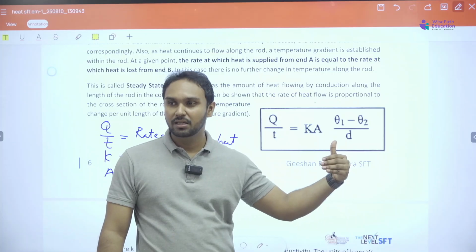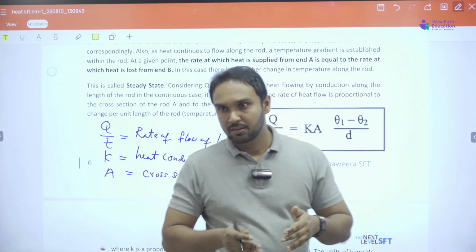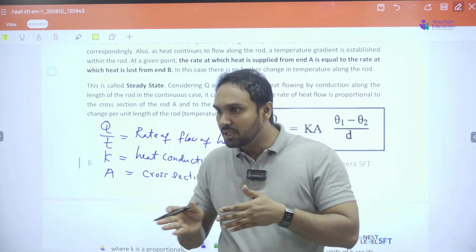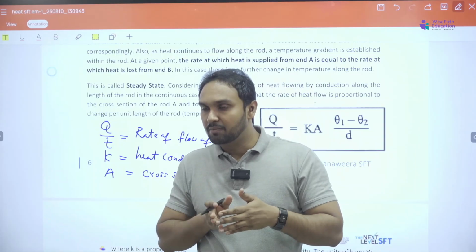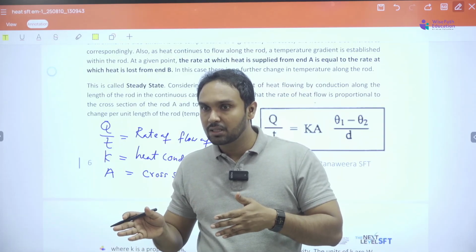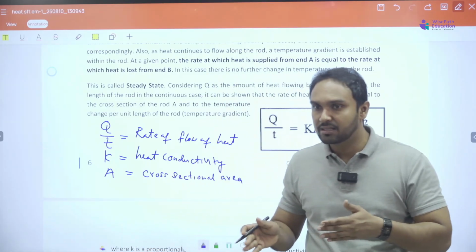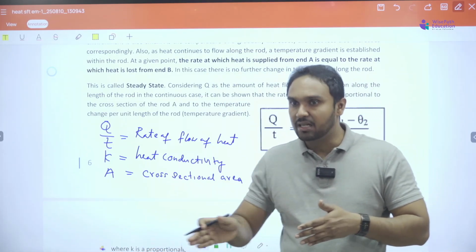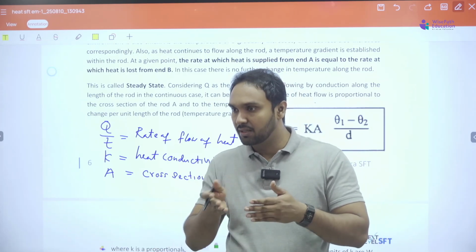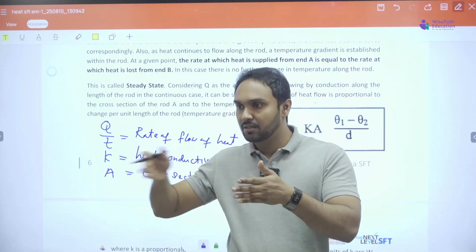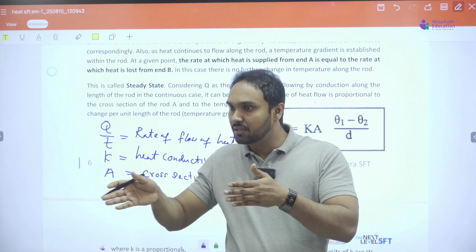The temperature changing through the length is the temperature gradient through the length, isn't it? Temperature gradient, like the temperature is changing through the conducting length. So that's the temperature gradient, isn't it?